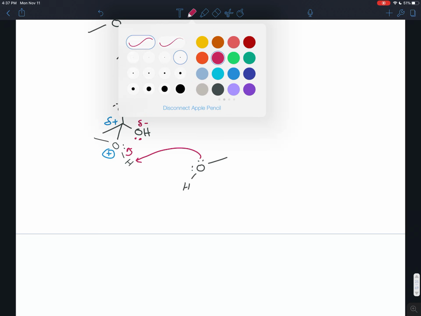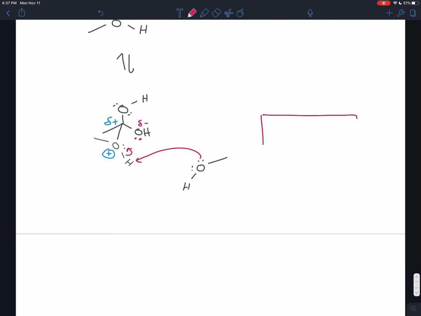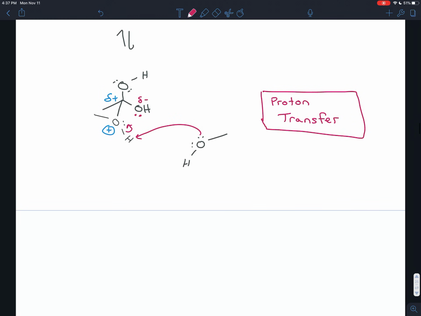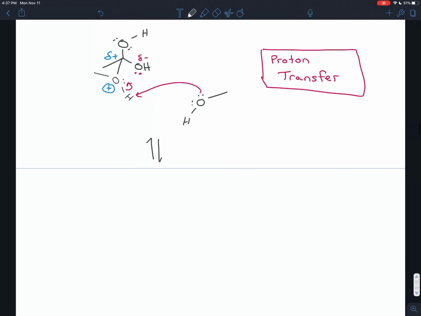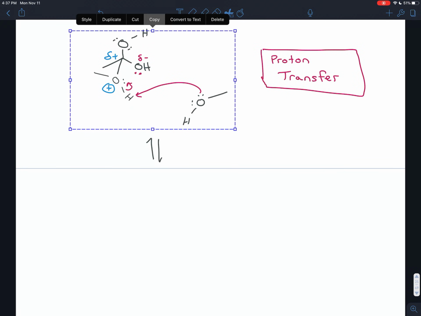The electrons snap onto the oxygen to help stabilize that. And you'll notice here we're changing the stability of a molecule by doing a proton transfer. So the molecule we have left over after this is a stable tetrahedral intermediate.